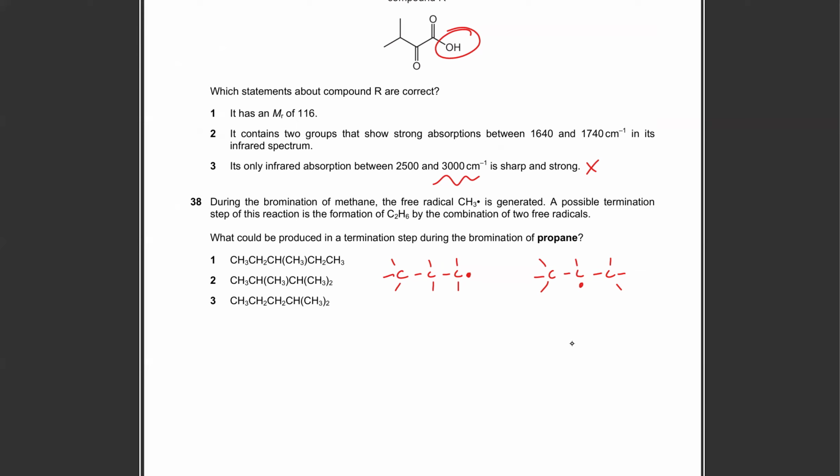Two propyl radicals could attach themselves end to end. And there's another propyl radical, and they could join up right in the middle. So that's one. I don't think that's given in the answers.